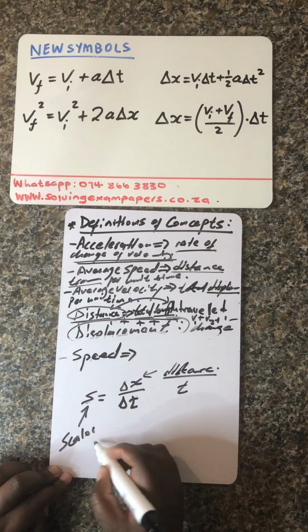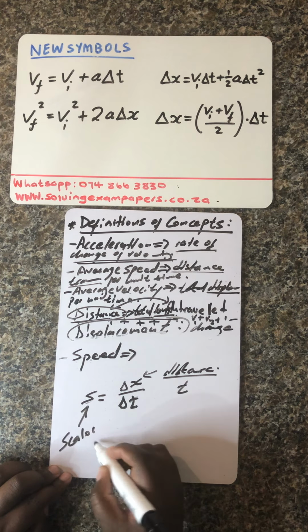So now let's define speed in words. Ladies and gentlemen, speed is the rate of change of distance. Remember, when we talk about the rate, it is anything over time. The rate of what? Of change of distance.